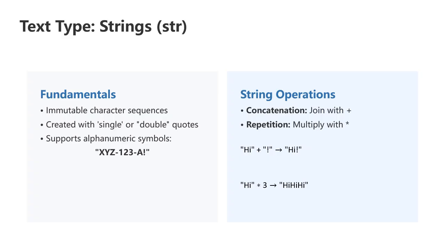Using the asterisk or multiplication sign, we can repeat a string a specific number of times. Multiplying hi by 3 gives us hi hi hi. This is a very efficient way to handle repeated text patterns. Think about why we might store a zip code as a string instead of an integer, even though it's made of numbers. Let's discuss that briefly before we move on to Boolean logic.